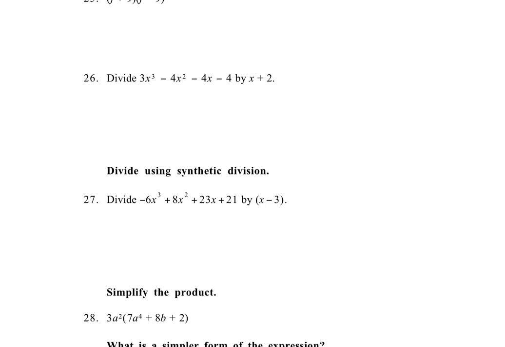I don't care which way you go. Remember on this one, if you do use synthetic division, then you're going to put -2 in the box, because it's x plus 2, and so you'll put -2 in the box. So if they just give me a number all by itself, that's the number that goes in the box. If they give me a factor, like x plus 2, then it's going to be the opposite of that.